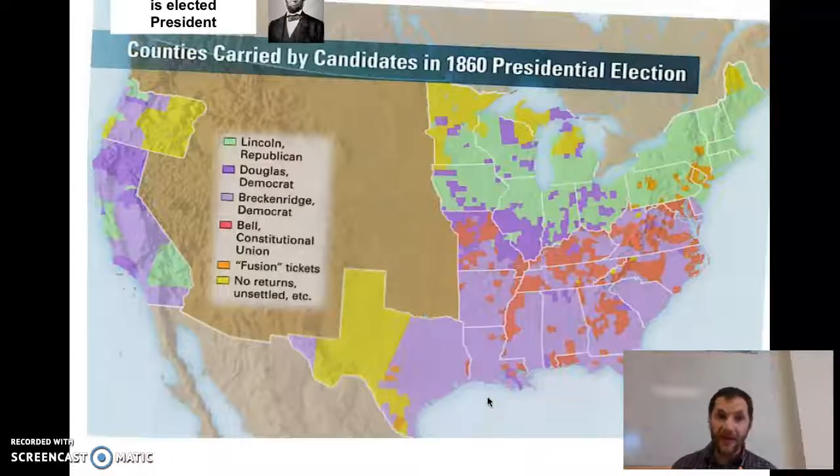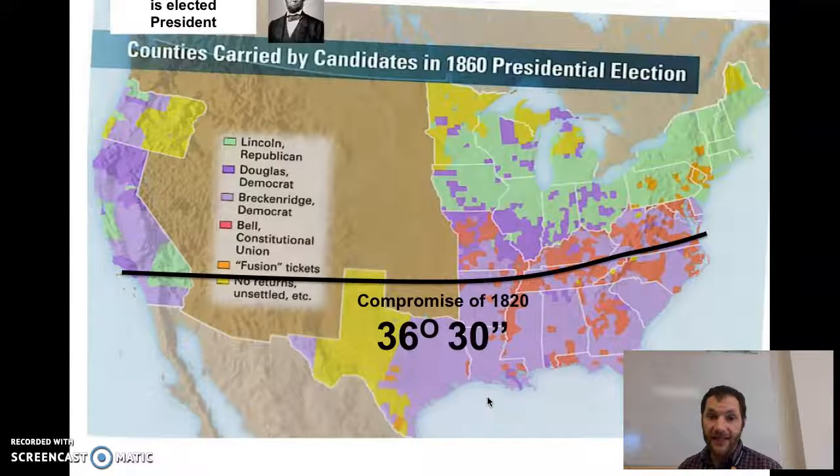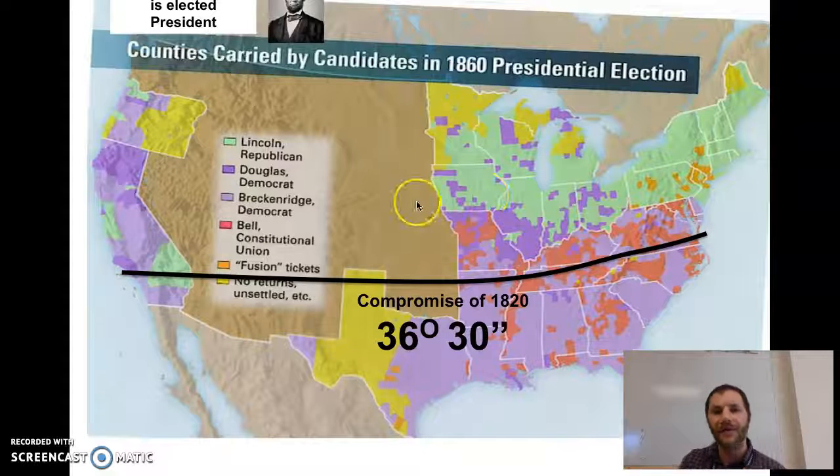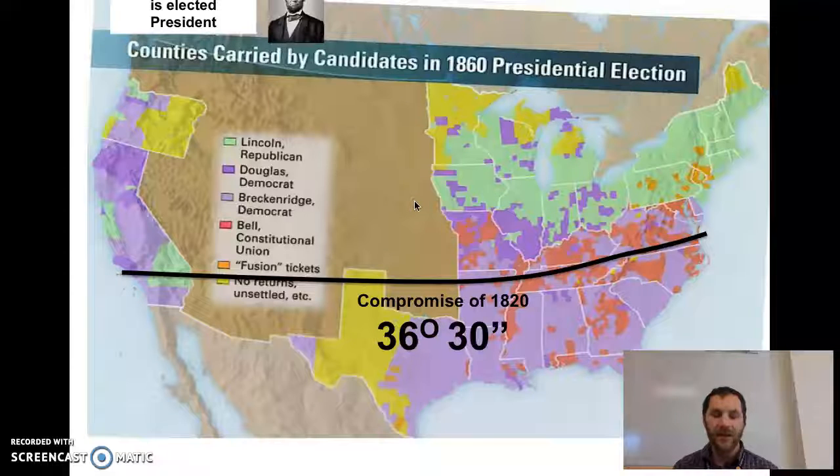But as we come to the next one, Abraham Lincoln is elected president in 1860, and we have our Compromise of 1820 line here. You can see that we have 1, 2, 3, 4 main players fighting for the president's seat in 1860, and I think a lot of that caused Lincoln to be elected.